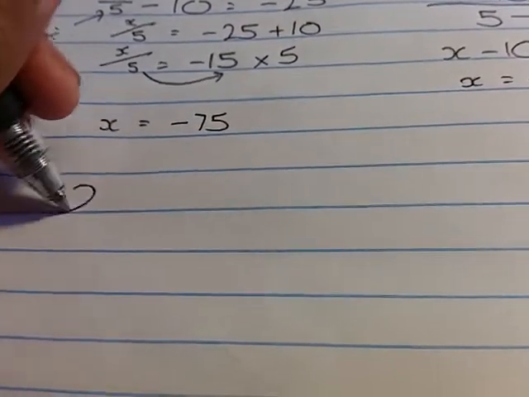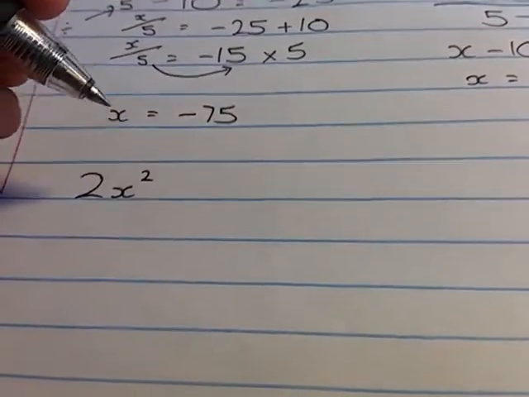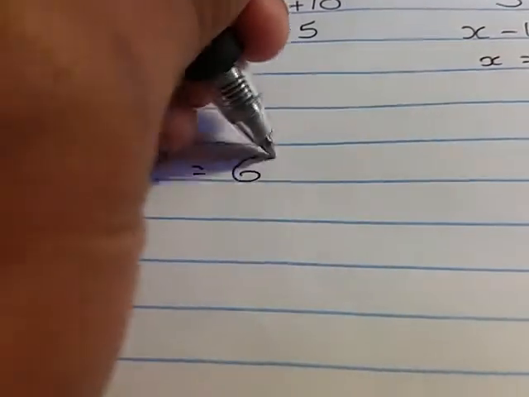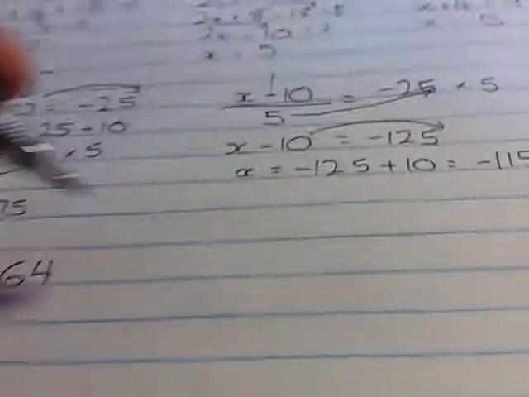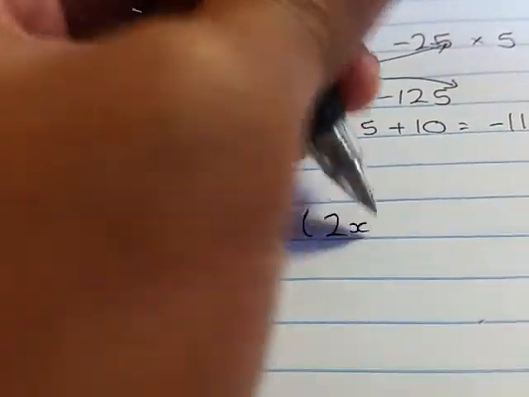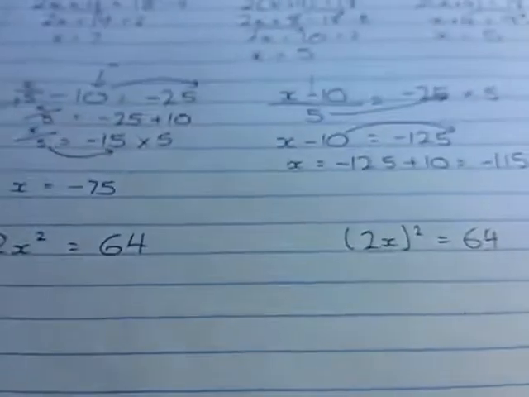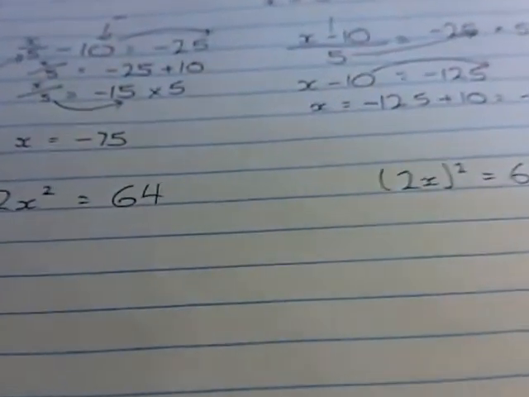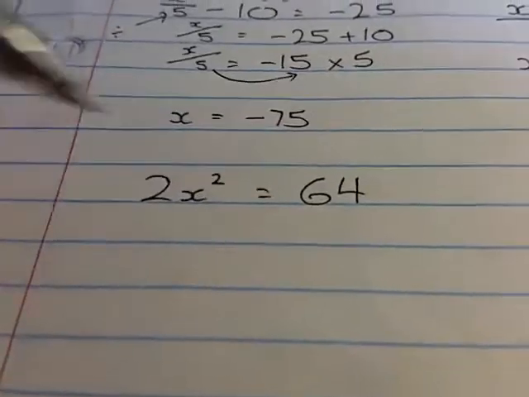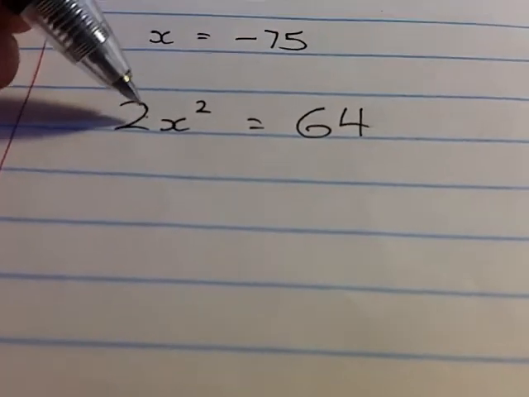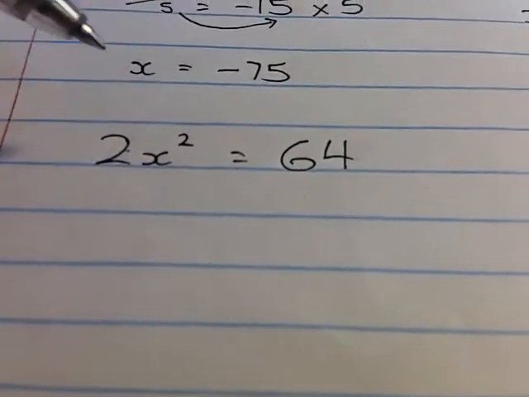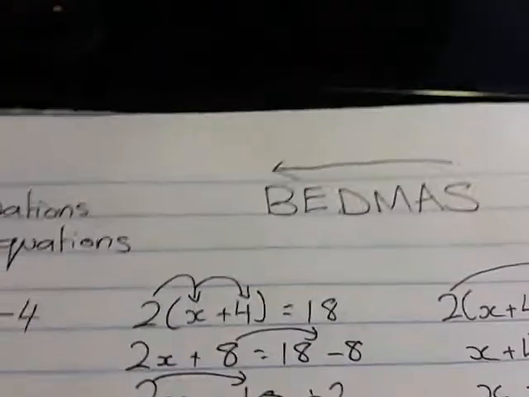So let's do 2x squared, which equals 64, and then let's compare that with 2x in a bracket squared equals 64. So working with this one first, we have a times 2 and an exponent.